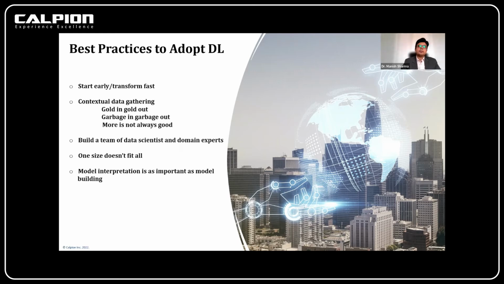And one thing which organizations should invest in is collecting the contextual data. Being the domain expert, they should know what are the things which are going to matter for a particular decision, and they should have all the data related to all those features.